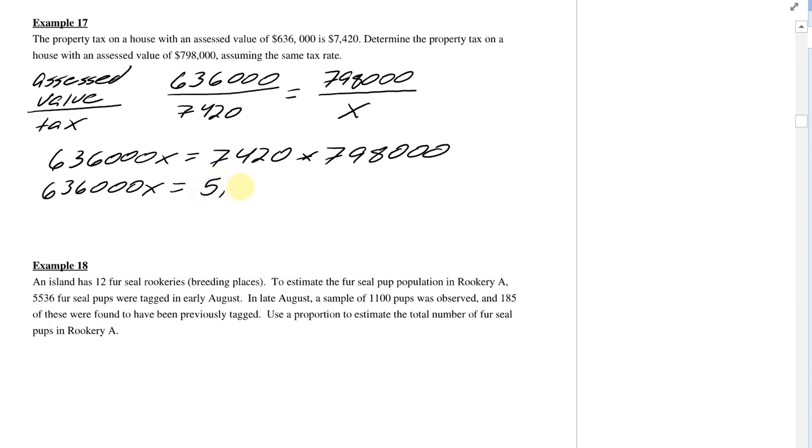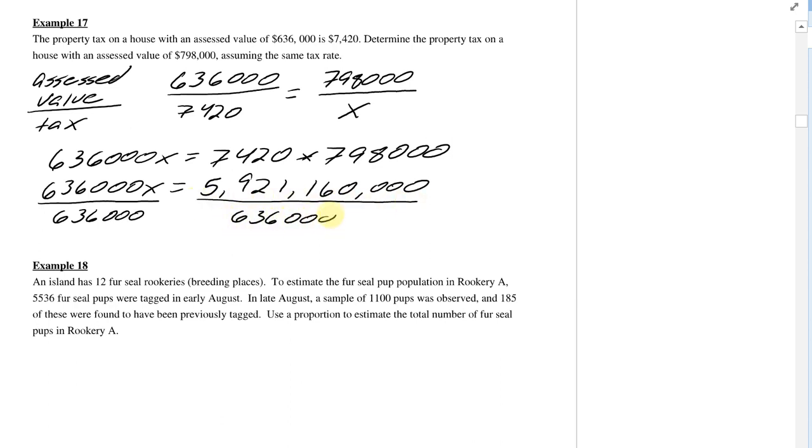If I multiply those together, I get this crazy big number, because they are very large. And then if I divide each side by 636,000, I'm ultimately going to get $9,310 for taxes. That would be the tax for that house.